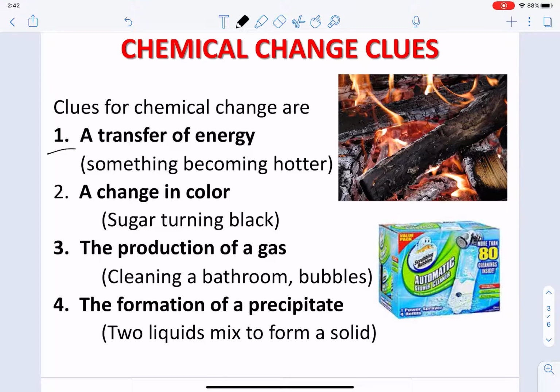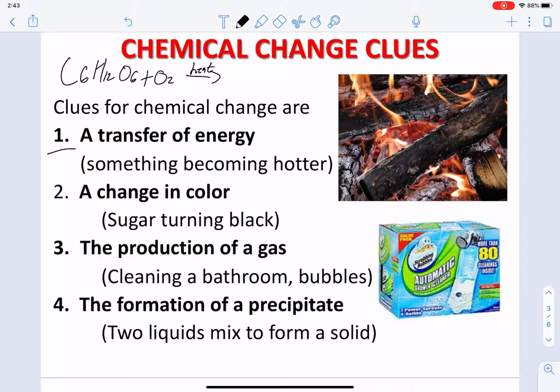So something becoming hotter. If we think about a fireplace, we throw pieces of firewood on a fire, and what happens to the wood? You'll start to see it become blackened. You'll start to see ash float out of the fireplace. That is specifically a combustion reaction, where we are taking oxygen, we are applying heat, and maybe we have something like C6H12O6.